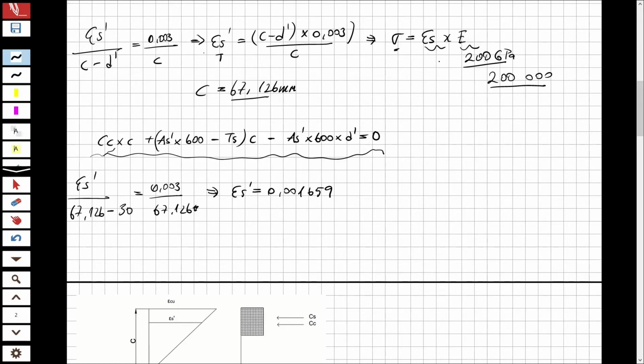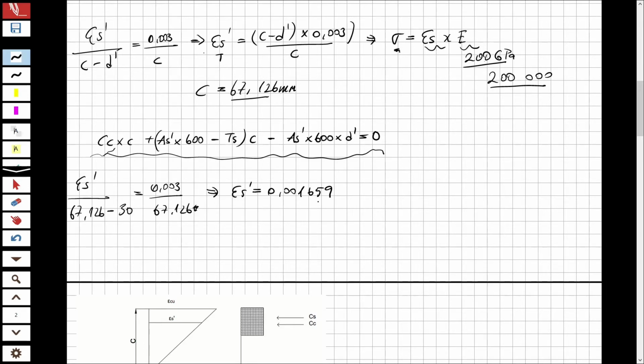And now I told you here, if I want to find the stress, it will be the epsilon, okay? The strain multiplied with the modulus of elasticity, and we are going to obtain the stress inside that material, okay?